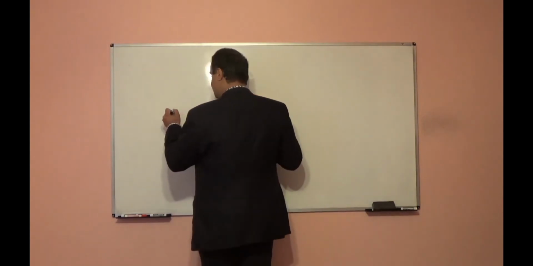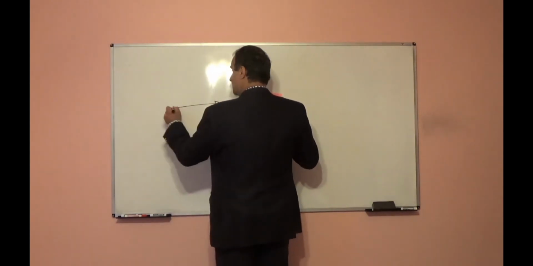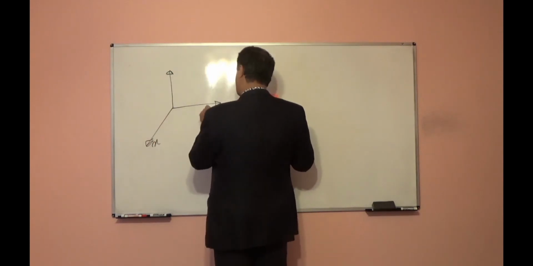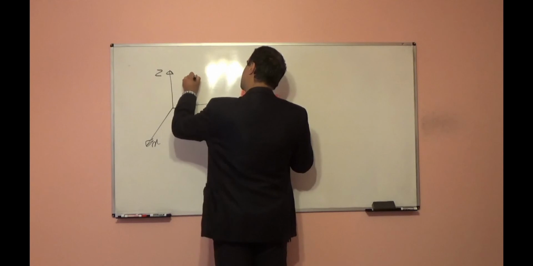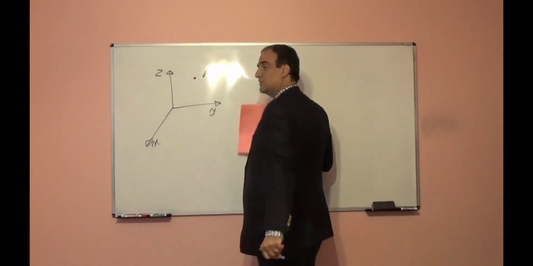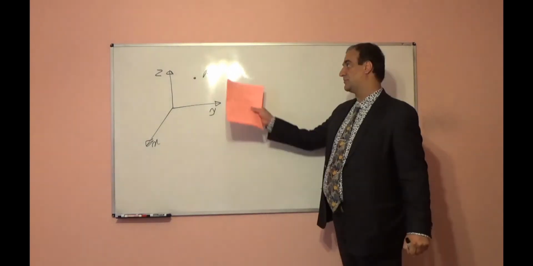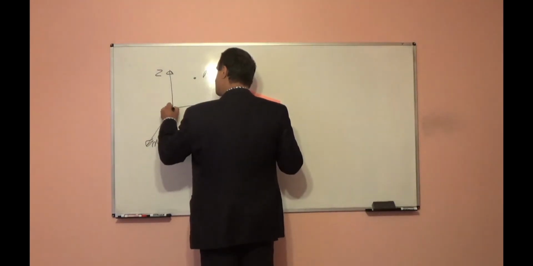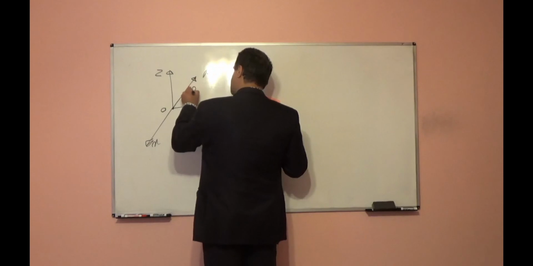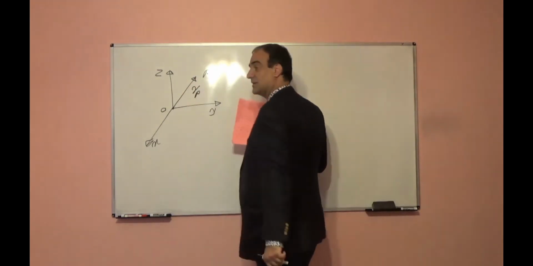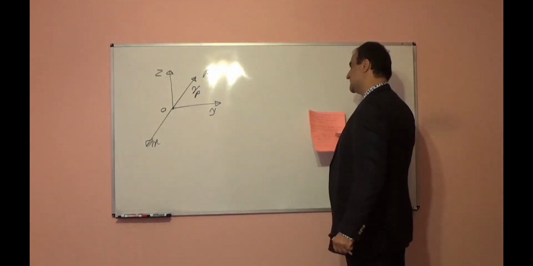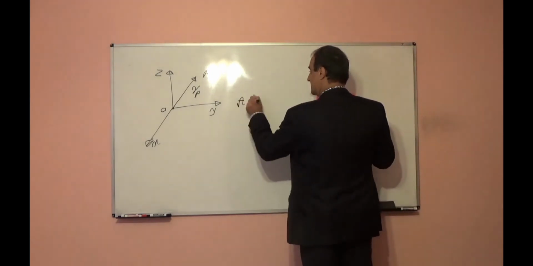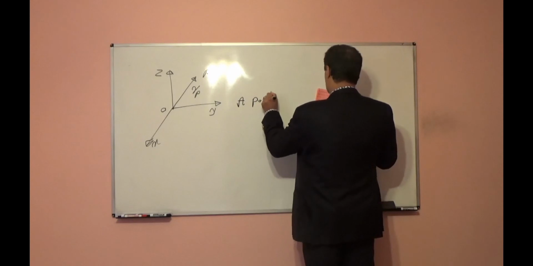Assume we have x, y, z coordinates. We have point P. In order to represent the position of P with respect to origin O, we will use the position vector, for example Rp.